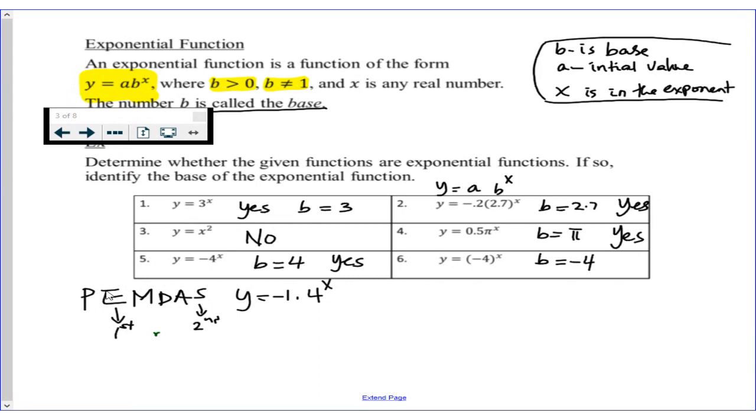So this is not. Okay. So that's how you identify an exponential function. Any question on the first slide? You guys have any questions?